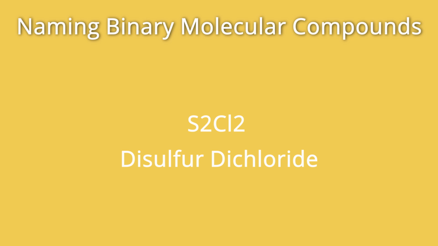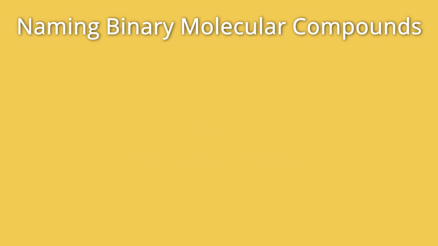All right, now let's say that we have one with a slightly bigger number. Let's say we have 2 atoms of chlorine and 7 atoms of oxygen. Let's just start with the first one. We've got 2 of chlorine, so that becomes dichlorine. And then we've got 7 of oxygen.